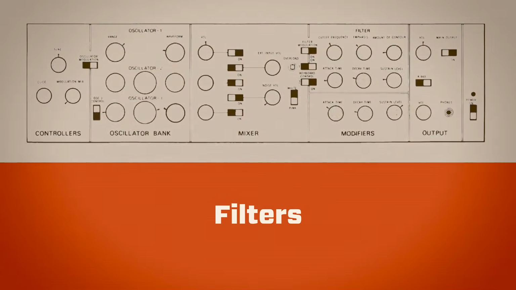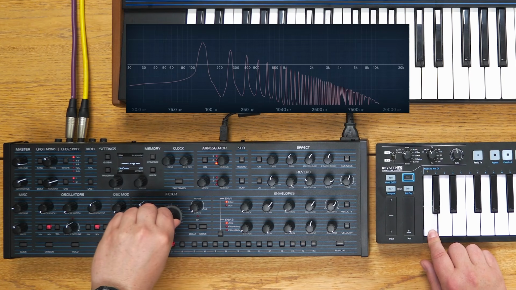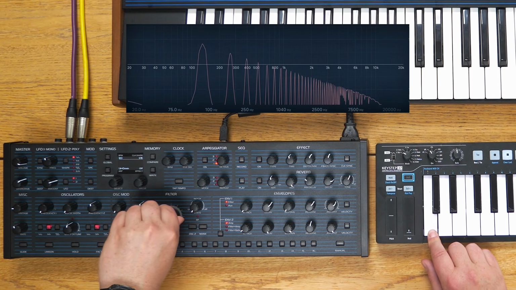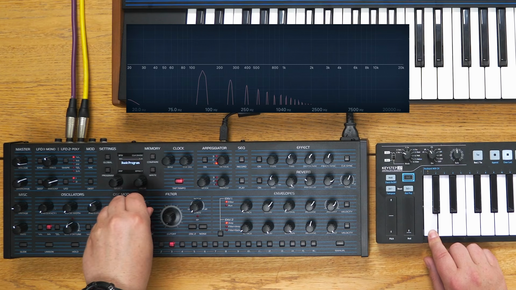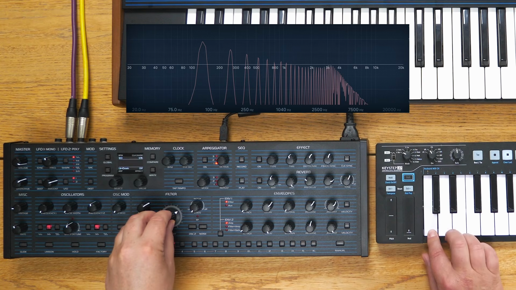So let's take a listen to the filters now, shall we? So starting off with a low pass, then adding some resonance halfway, say. So I'm going to pop it out a bit.